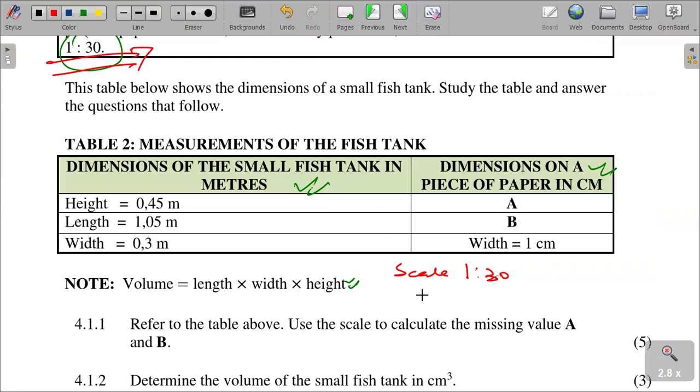To calculate A, A is equal to 45 times 1/30, which gives 1.5 centimeters.